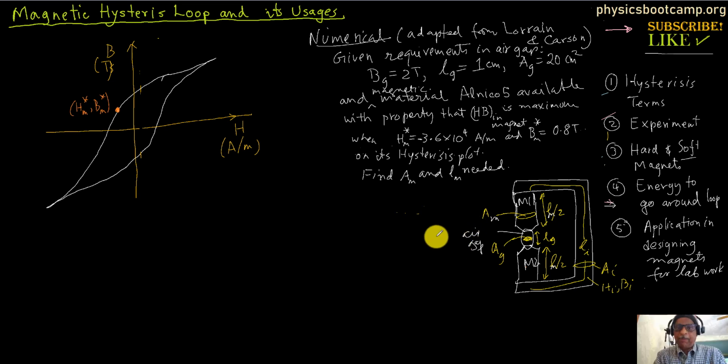Okay, so some of the properties are given. We are supposed to get a magnetic field here which is 2 Tesla, which is a pretty strong magnetic field, and we could use an electromagnet to get that, but we're going to use just a permanent magnet, and the favorite material is alnico 5 alloy. And when you do the hysteresis loop for that material, you have this as a result.